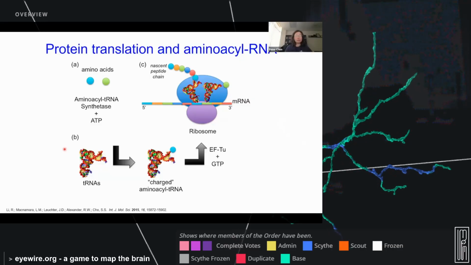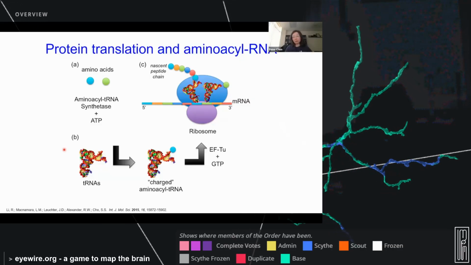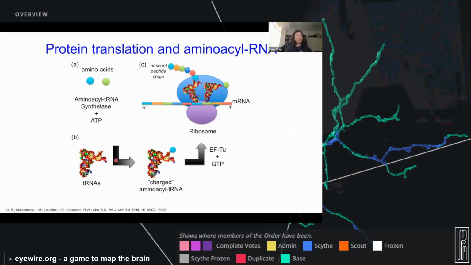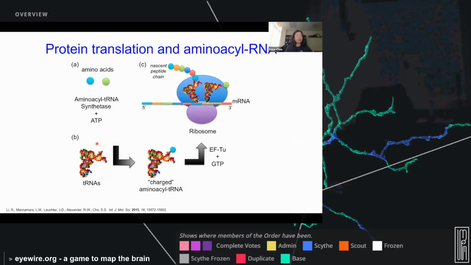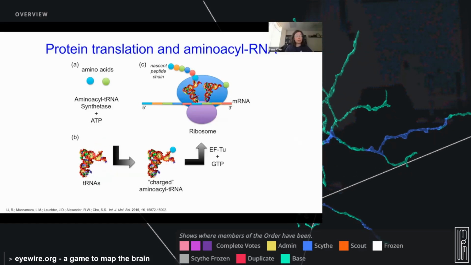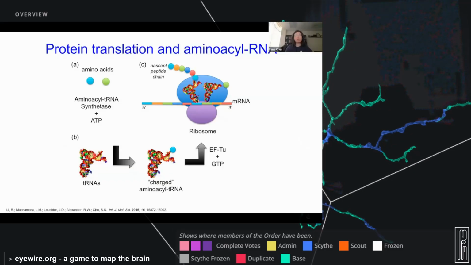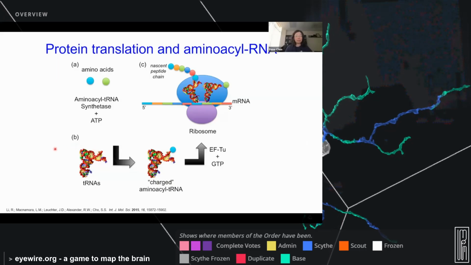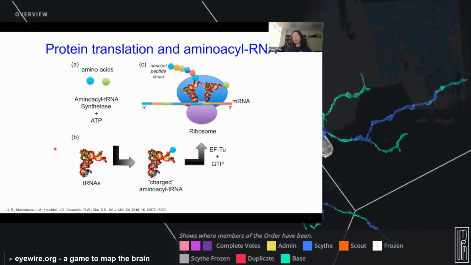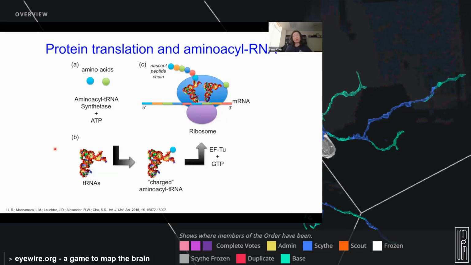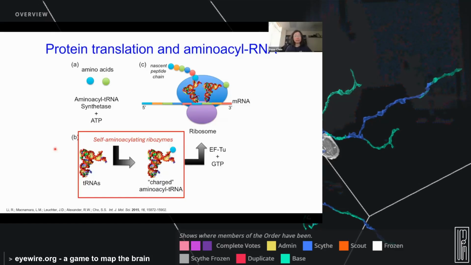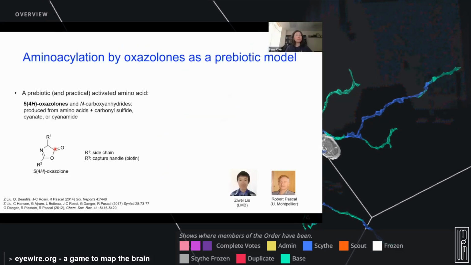So this was an interesting activity because of its importance in biochemistry. What was also really nice is that a few different groups had already shown that RNA was able to self-aminoacylate, or to catalyze this reaction. That gave us high confidence that a selection based on this activity would work. So we're looking for self-aminoacylating ribozymes.